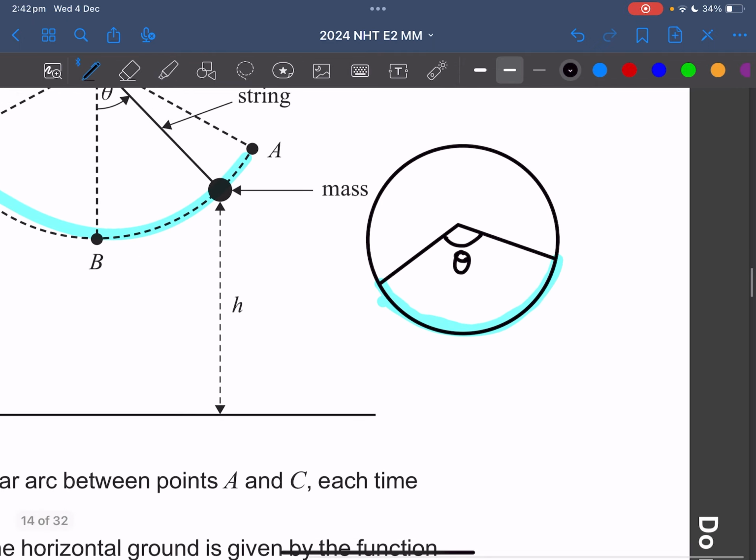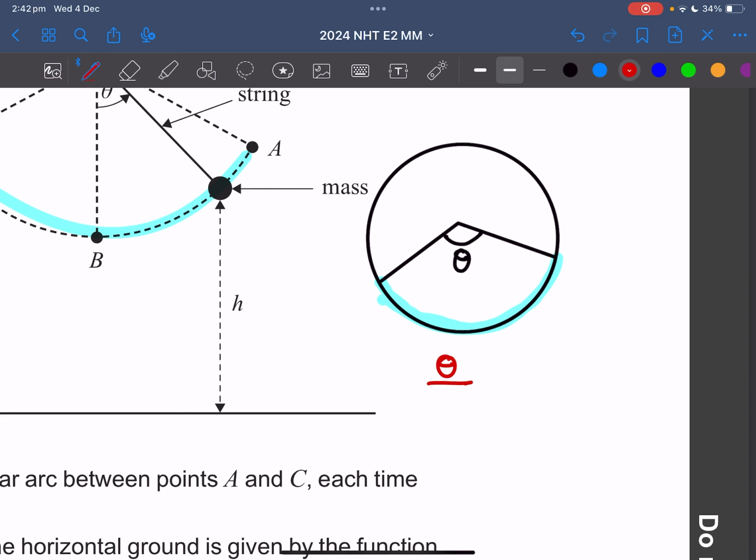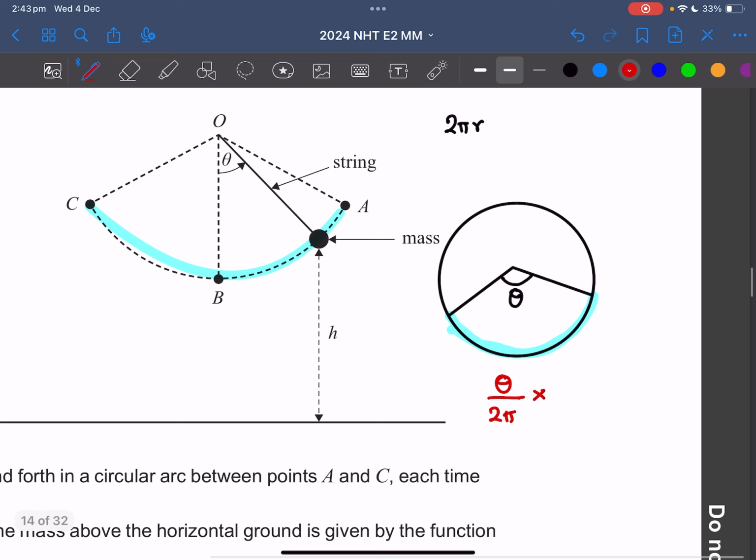Let's say this is theta and I want to calculate the circumference of this part over here. Well, we can say that the formula for that is theta on 360, or you can say 2 pi if it's in radians, times the 2 pi r, right? So this and this would cancel out, so we'll have pi r, theta r, to calculate the circumference of the specified portion.